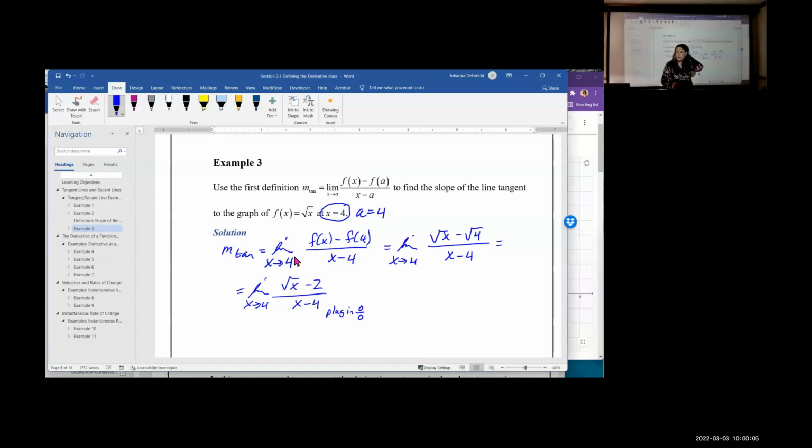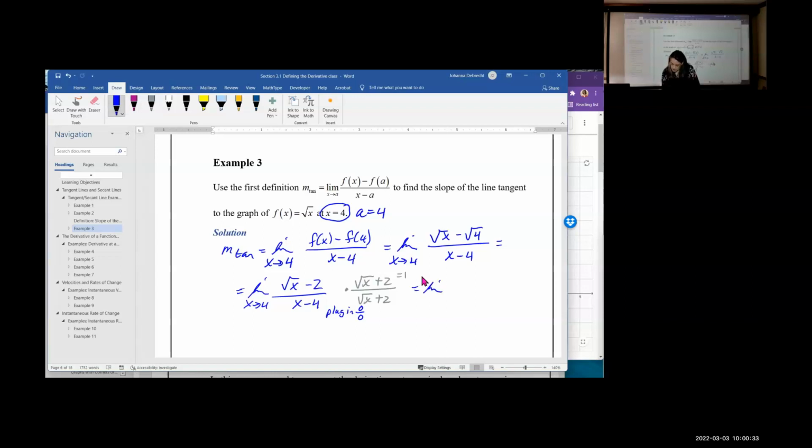What technique would you try to get rid of that hidden factor that's causing 0 over 0? What would you try? Multiply by the conjugate of the radical. Yes, multiply by the conjugate of the part that's the radical. So the conjugate would be square root of x plus 2. So I'm going to multiply by that divided by itself because that's just the number 1.